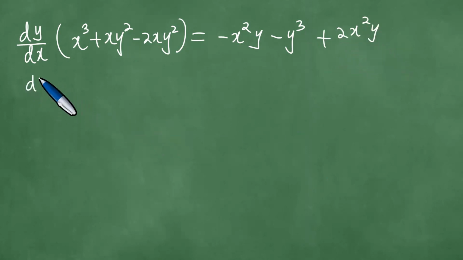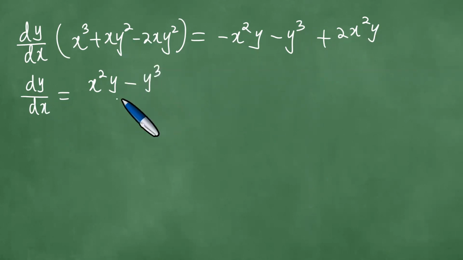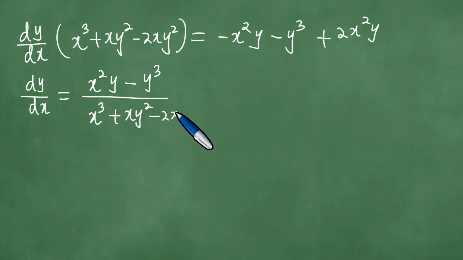Right, which means therefore we have dy/dx. What we then get out of this is 2x squared y minus x squared y, which is x squared y, minus y cubed, divided by, in the denominator, x cubed plus xy squared minus twice xy squared, like so.